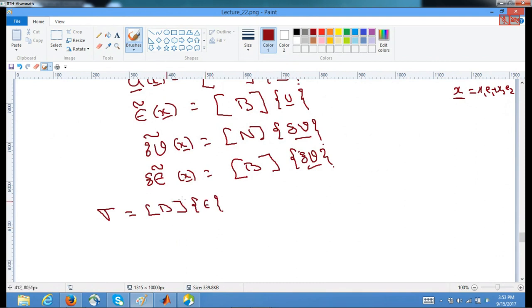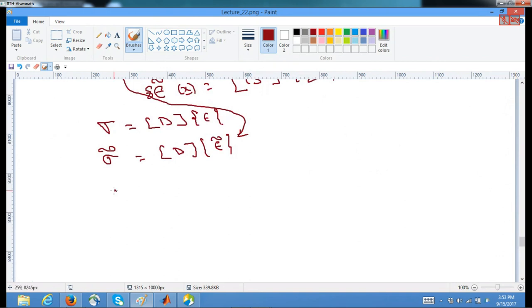But this is for the exact. For the approximation, this would be the same as the approximation in the strain. You take this definition and substitute it in here. In that case, we can write sigma tilde equals D times B times u bar.